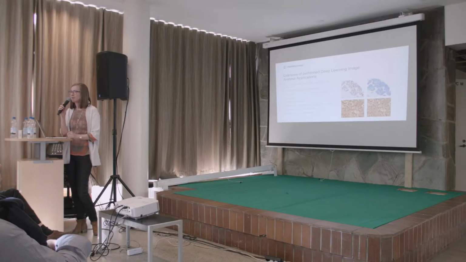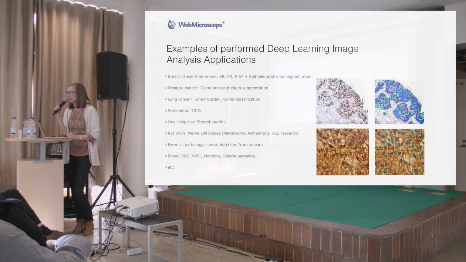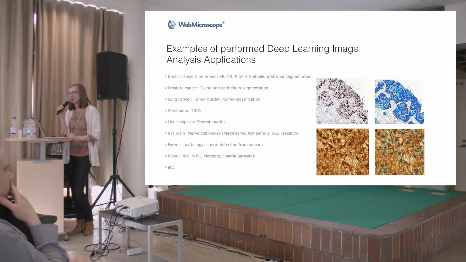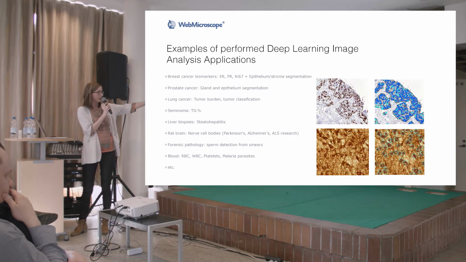At this point, we have about 20 different applications either ongoing or done already, and these are some examples from the list here. Most of them are related to cancer, but we also have samples from the gastrointestinal tract, as you saw, and from studying Alzheimer's and Parkinson's disease, from rat brain samples. It's a huge task, actually, in the bottom image here.